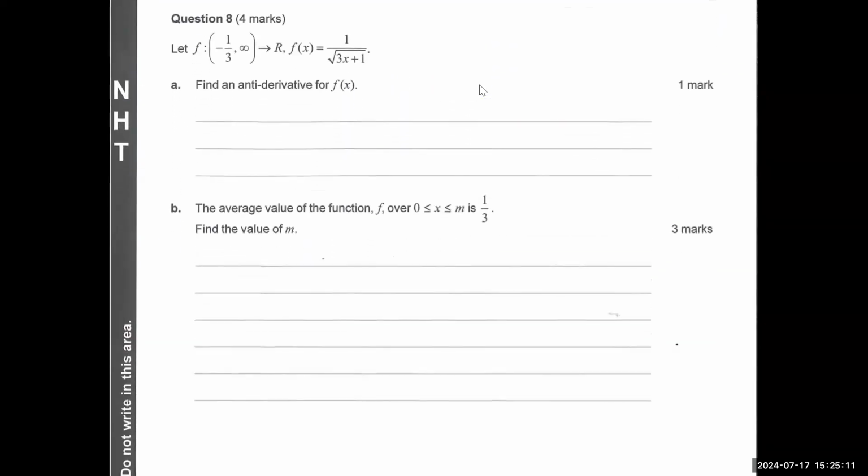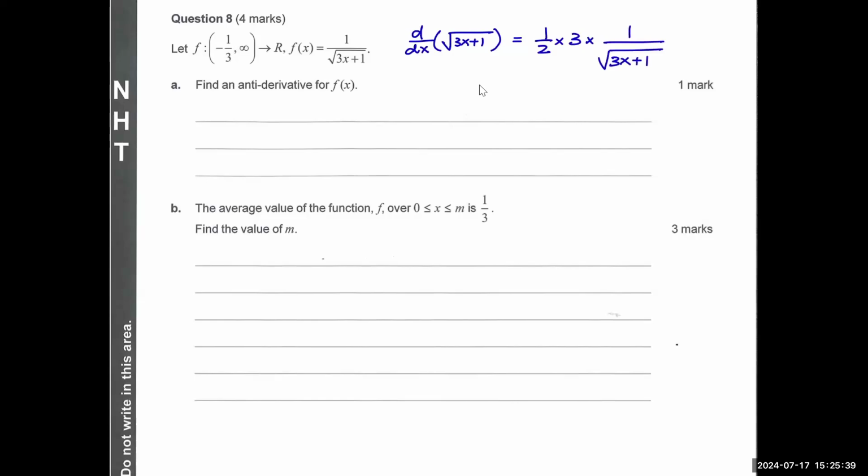Question 8. f is 1 over square root 3x plus 1. Find an antiderivative for f of x. Well, if you differentiate root 3x plus 1, that is 1/2 times 3 times 1 over square root of 3x plus 1.